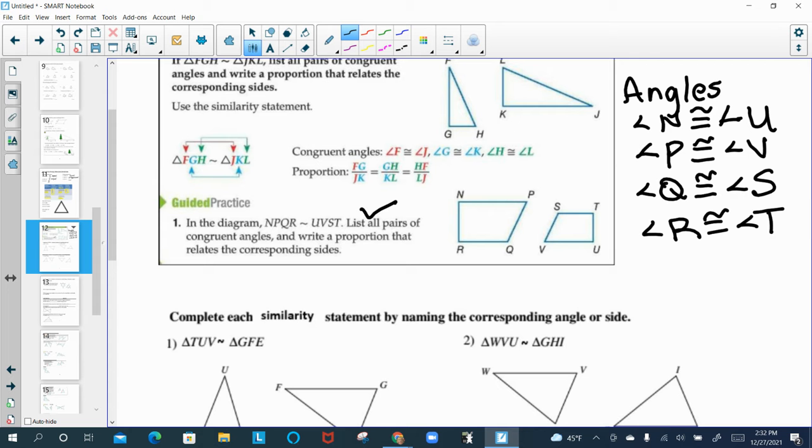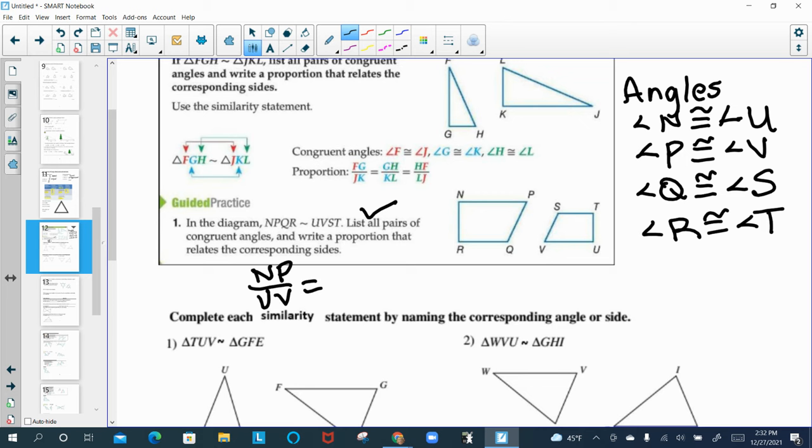Done that. Now we have to write the proportion that looks like this that's going to relate the corresponding sides. So all we have to do is find our pairs and make them a fraction or a ratio. So NP corresponds to UV. See how we wrote it like a ratio or a fraction?